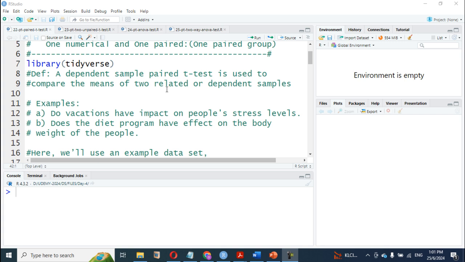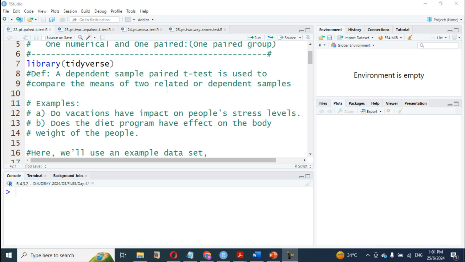Then after some period of time, you administer the vaccine to them and check if there is any effect of that particular vaccine on them. So the same set of subjects, the same set of specimens, we have a record before and a record after.